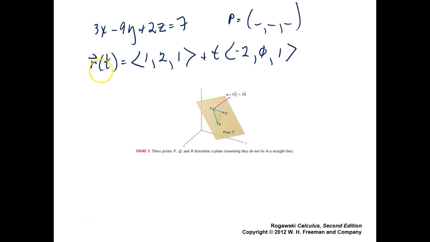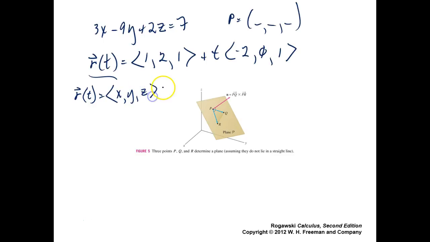Now, for this line, what's the x component? This r of t has components. I want to call them something else, but let's call them x, y, z.